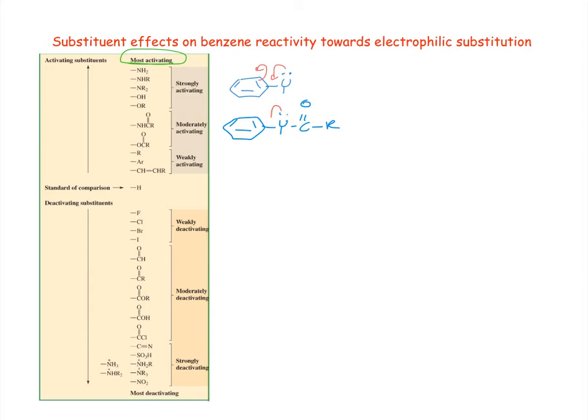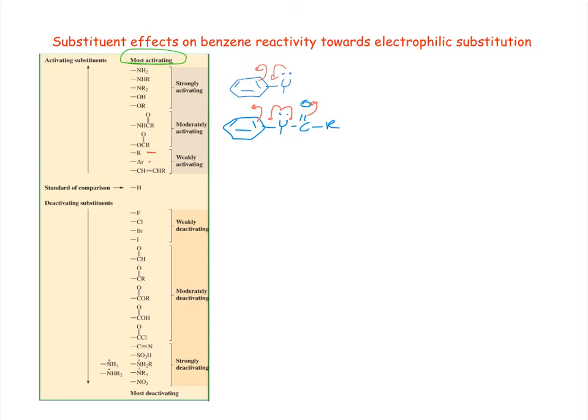And these are the ones that can donate like this, but they have the split loyalty. It's also donating electrons over to the oxygen. So these are the moderately activating groups. The weak activating groups are things like just alkyl groups, or if we have another benzene ring, or if we have a pi bond. So those are weakly activating.